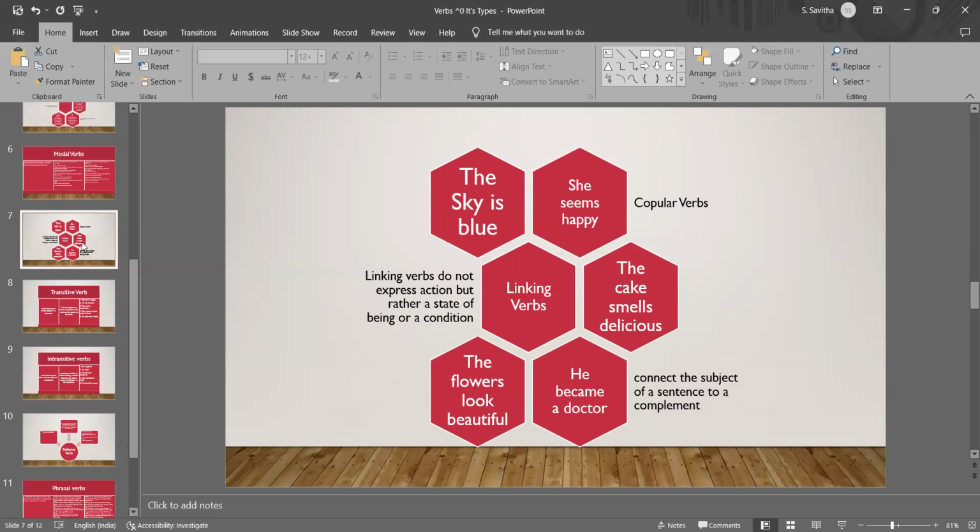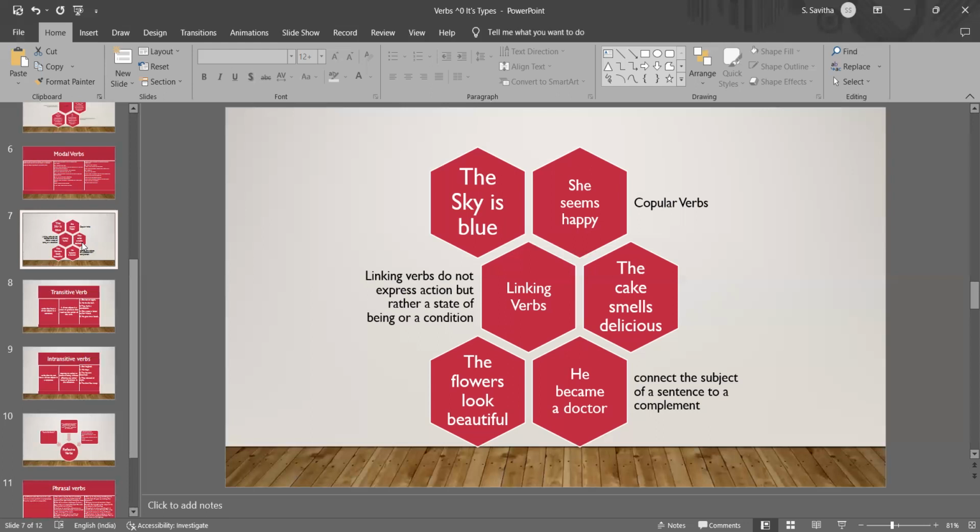So I've given some examples for linking verbs. The sky is blue. Now, in this sentence, is is a linking verb, which connects the subject sky to the complement blue, which describes the state of being of the sky.